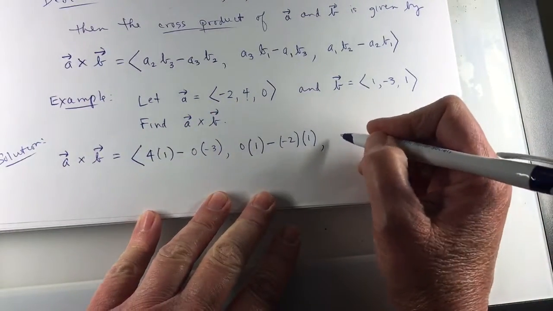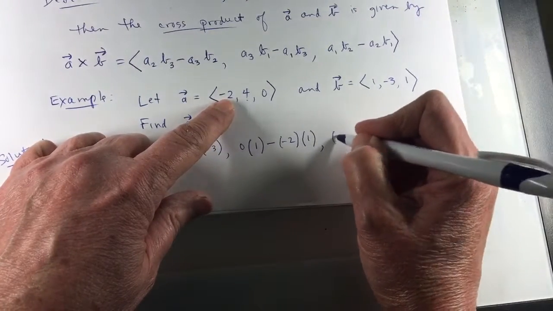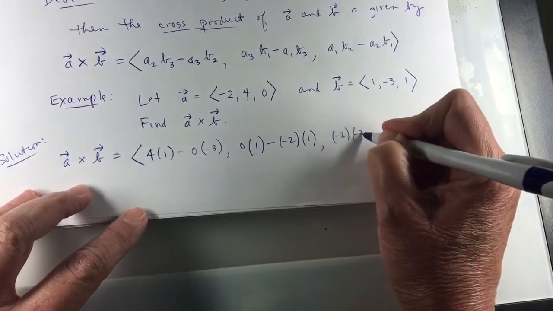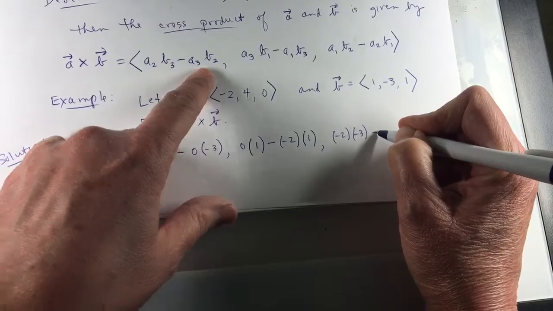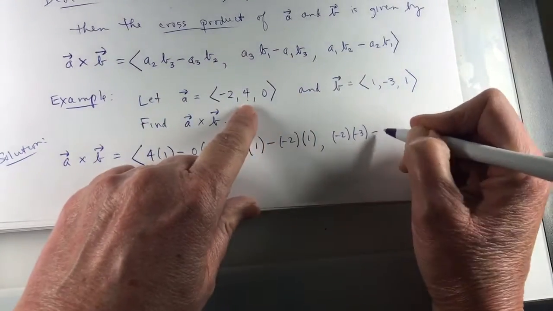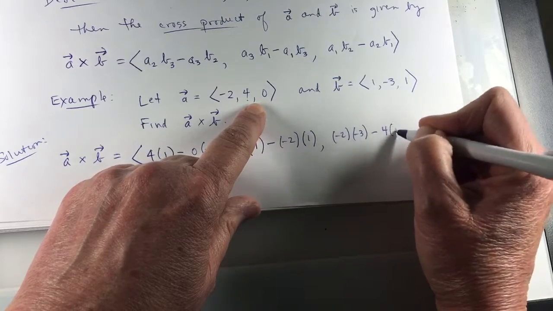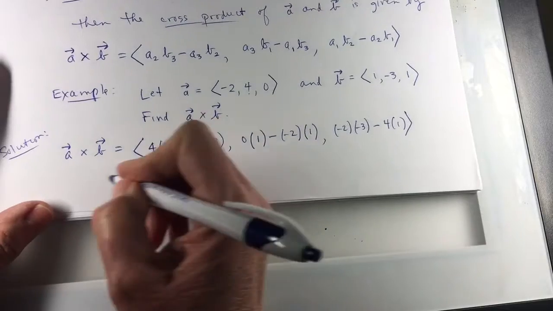And then the third component is A sub 1, which is negative 2, times B sub 2, which is negative 3, minus A sub 2, which is 4, times B sub 1, which is 1. So I have to carry out this arithmetic.